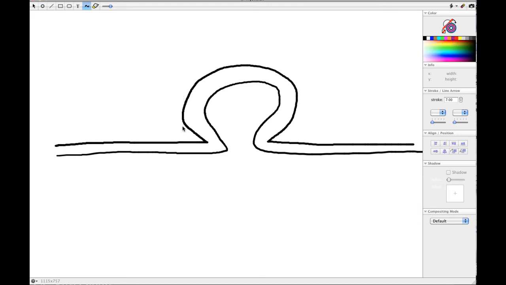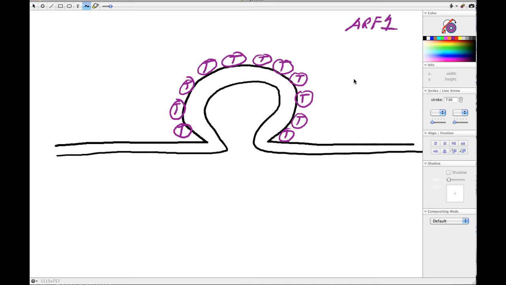So what we have is ARF1 all along the surface of the membrane. And that's in the GTP bound form, so I'm just going to note that with a T. Just to remind you that this color is ARF1.